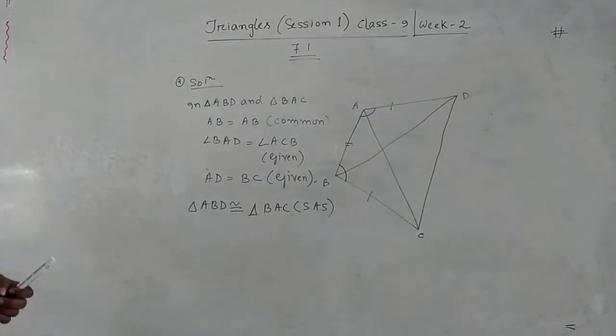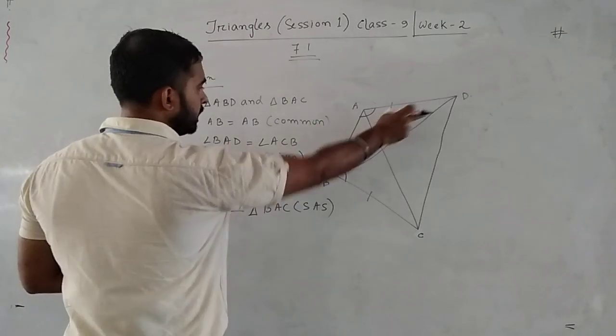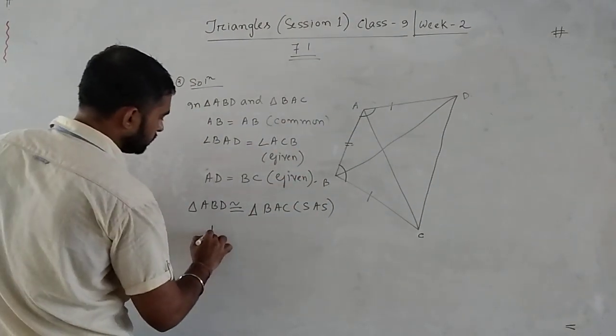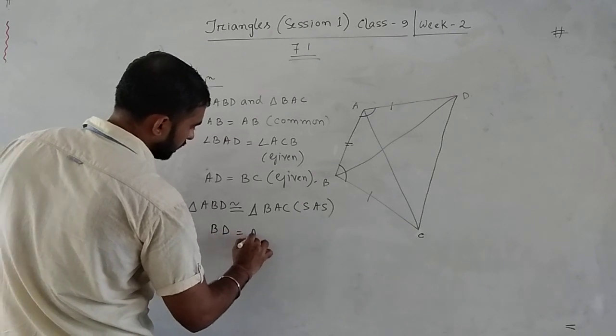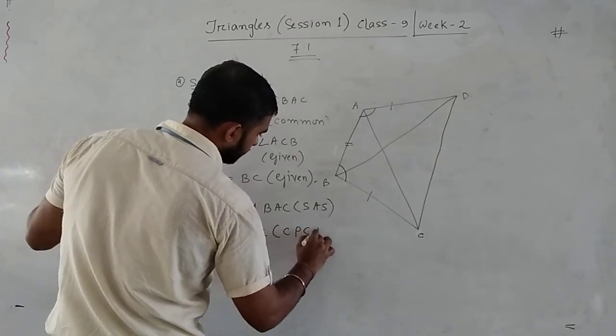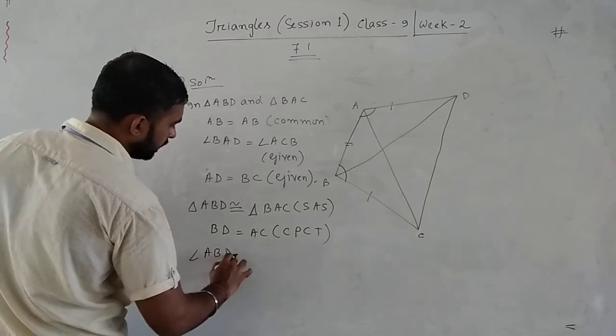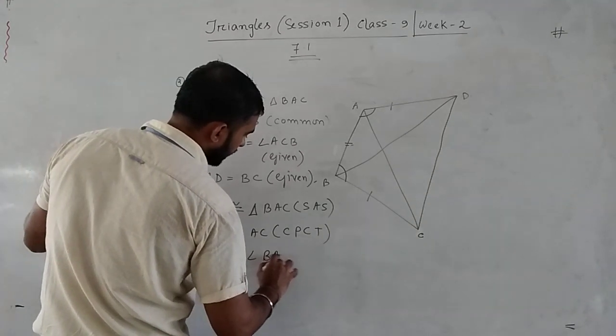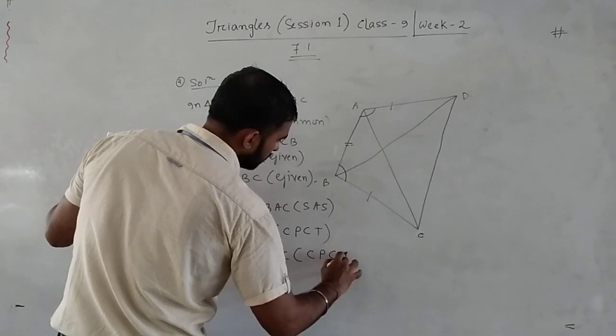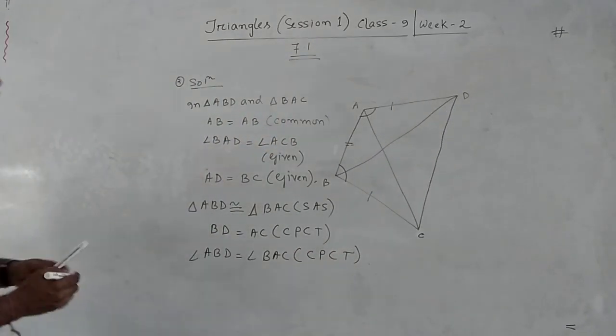So BD equal AC, CPCT, then angle ABD equal angle BAC, they are also CPCT.